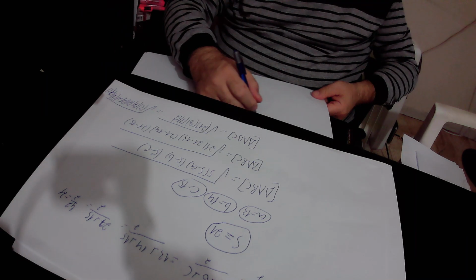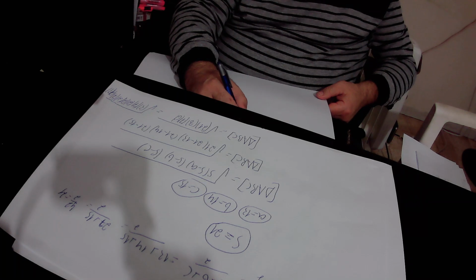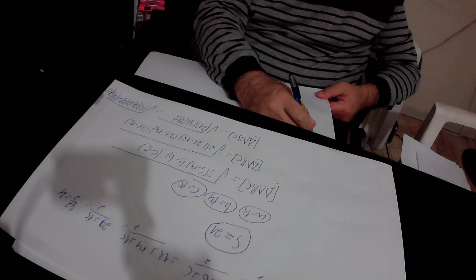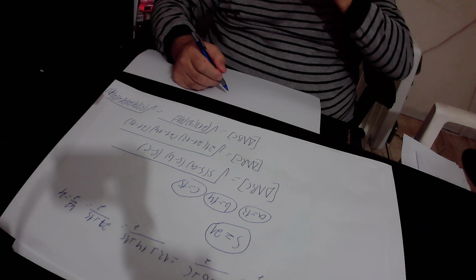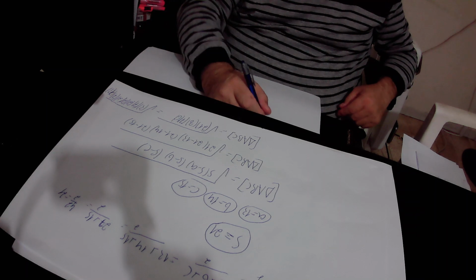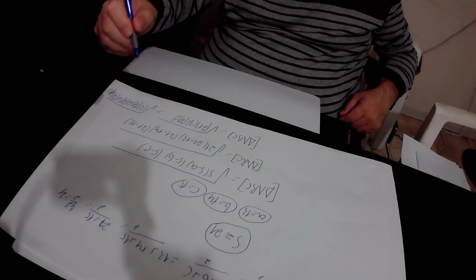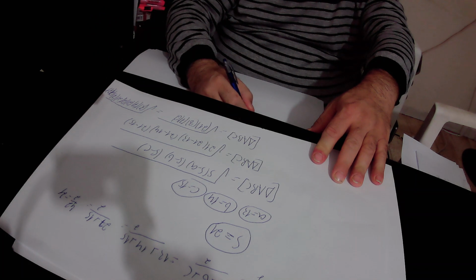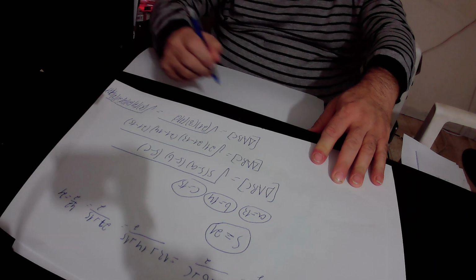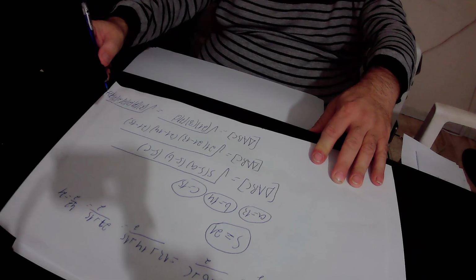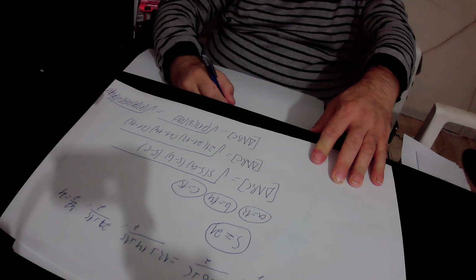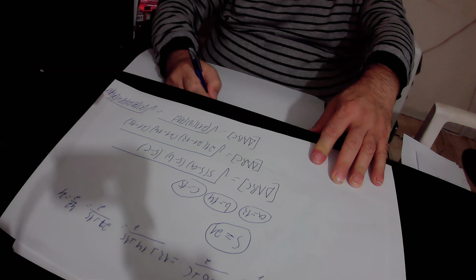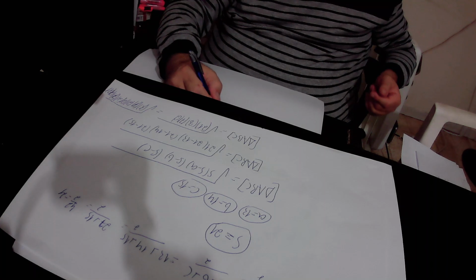So actually, we found out that the area of triangle ABC, in total, is equal to the square root of 3 times 3, times the square root of 7 times 7, times the square root of 2 times 2.